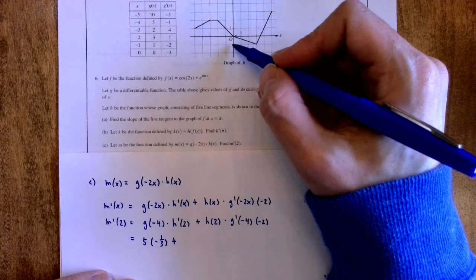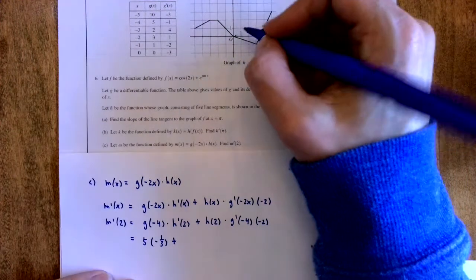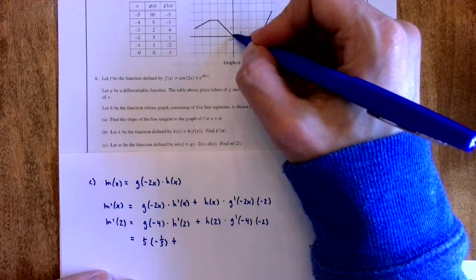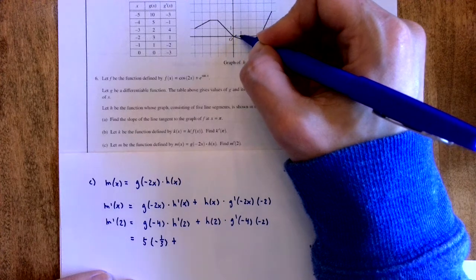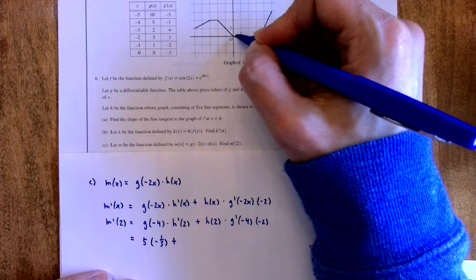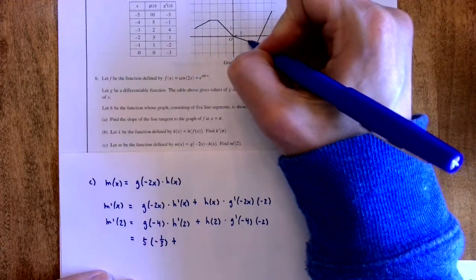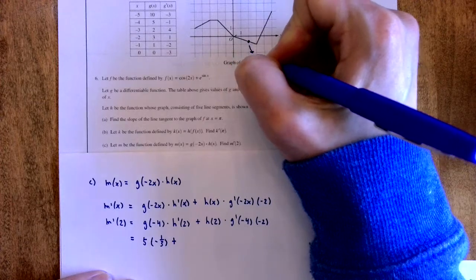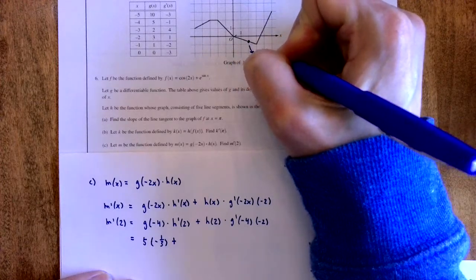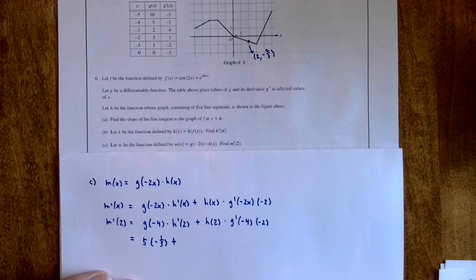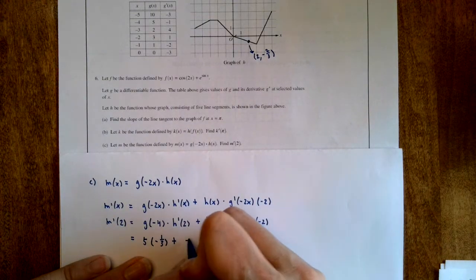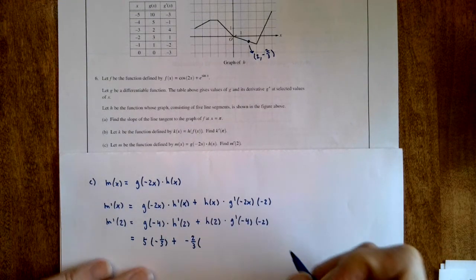This slope was negative 1/3. So I know for each time I go over 1 on the x-axis, I'm going down 1/3. So if I go over 2, I'm going down 2/3. So this point is going to be 2, negative 2/3. So now I know h of 2 is negative 2/3.